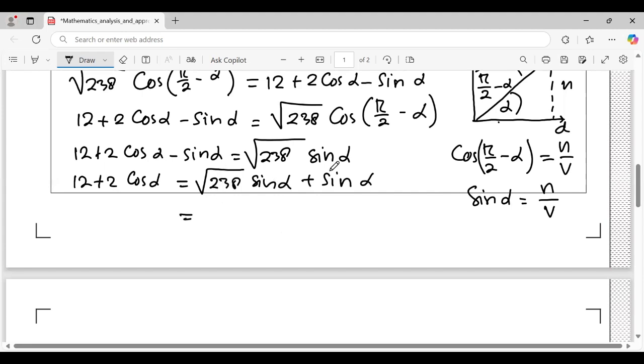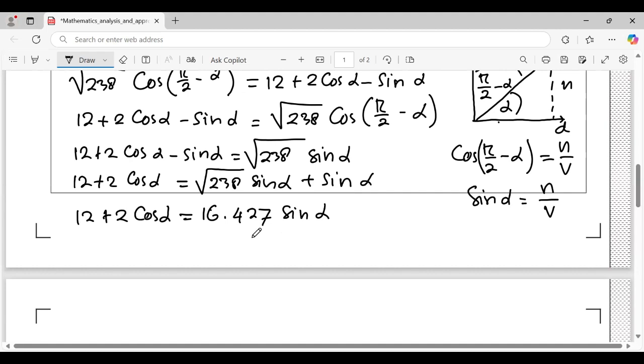So square root 238 is 15.427, plus 1 becomes 16.427 sine alpha. This is the left hand side in alpha. All right.